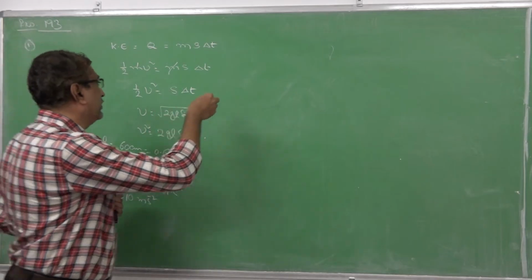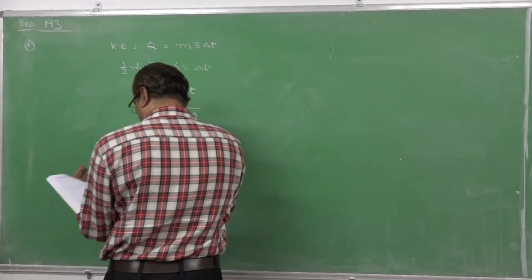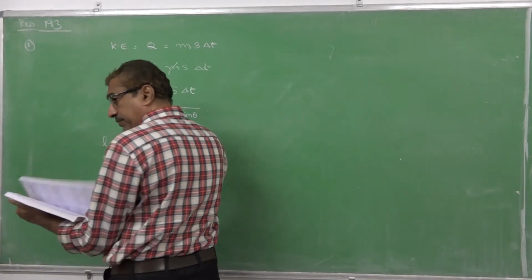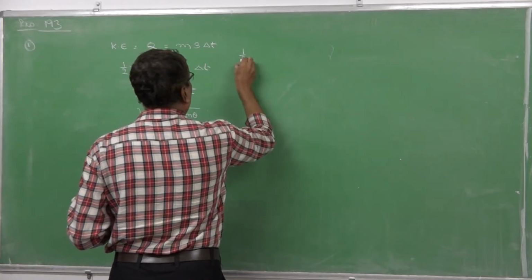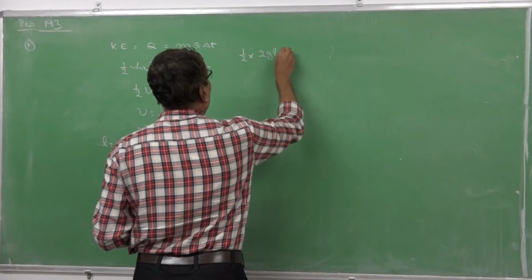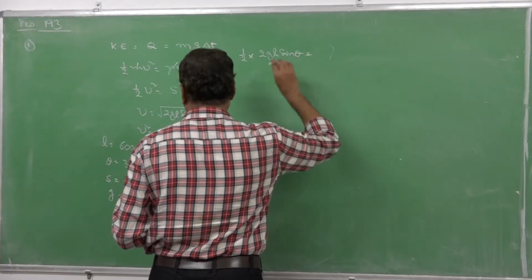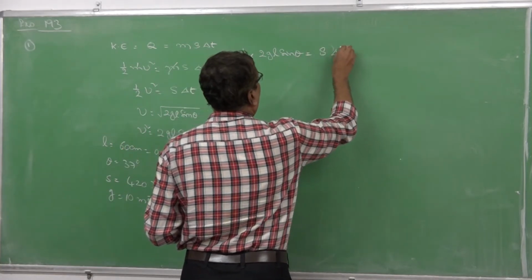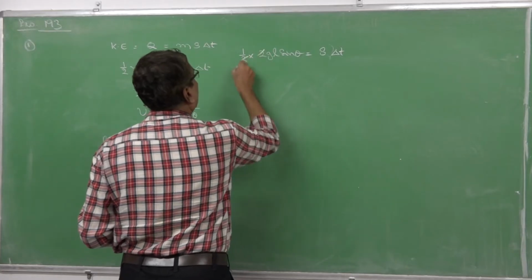Substituting all this, half v square, that is gL sin theta, equals s delta T. The half cancels with the 2.